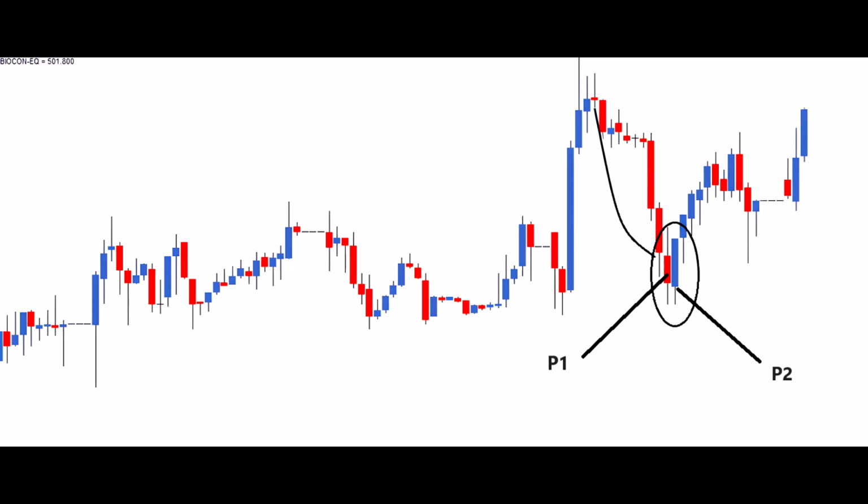Here's the thought process. The market is in a downtrend, steadily moving down. On P1, the market opens low, making a new low and forming a red candle. On P2, the stock opens near the closing prices of P1, attempting to make a new low.